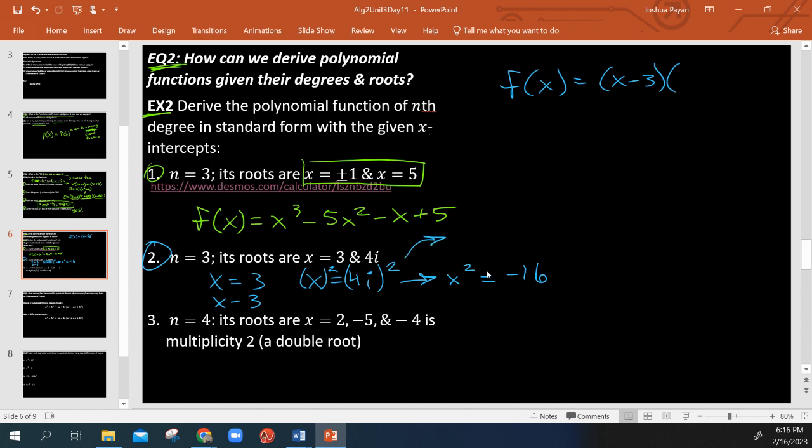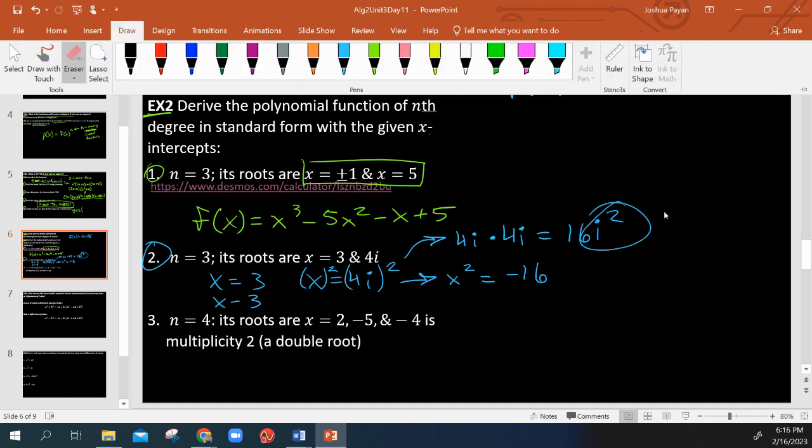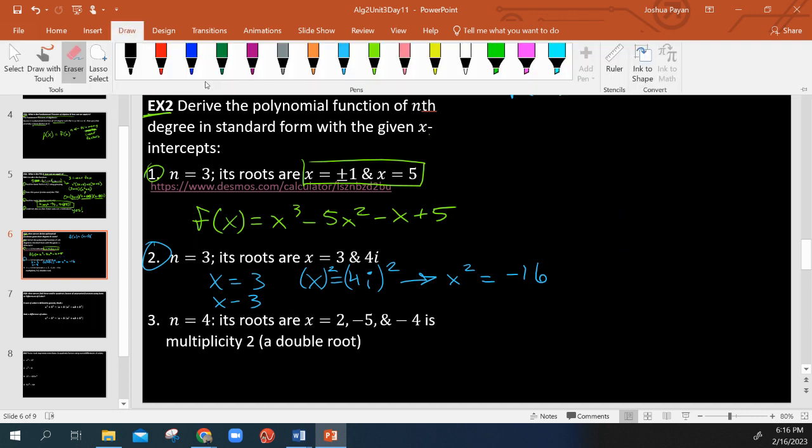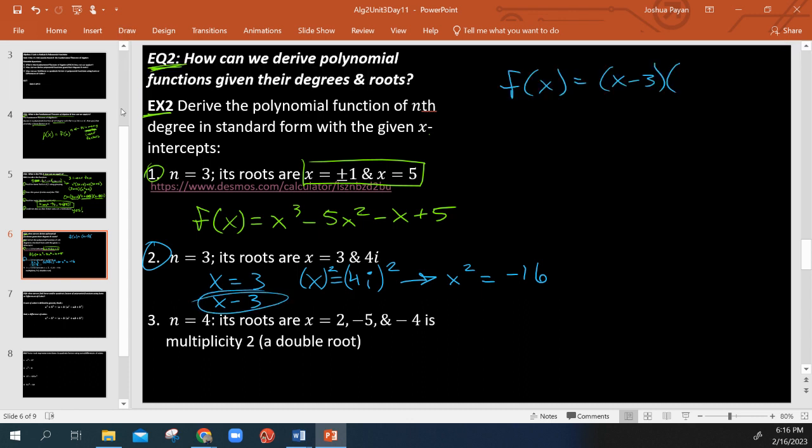Okay, and I'll break this down real fast. So 4i times 4i is going to be 16 times i squared. And we just said, right, i squared is going to be negative 1. Okay, so now this makes sense, right? We've got x squared when we solve this backwards to get our factor the way we did here. We're going to say x squared plus 16 now.